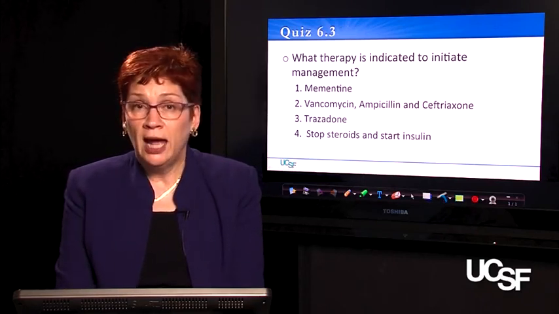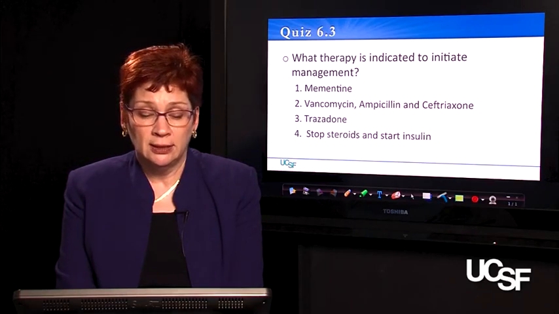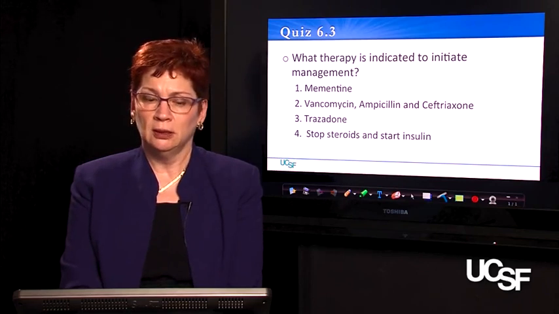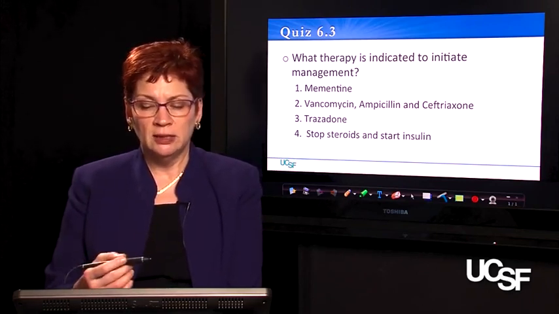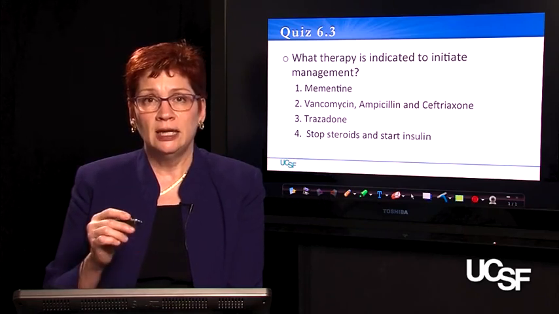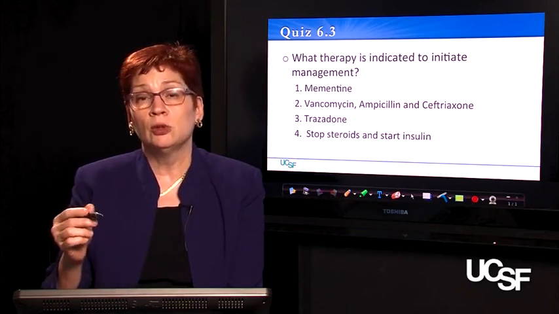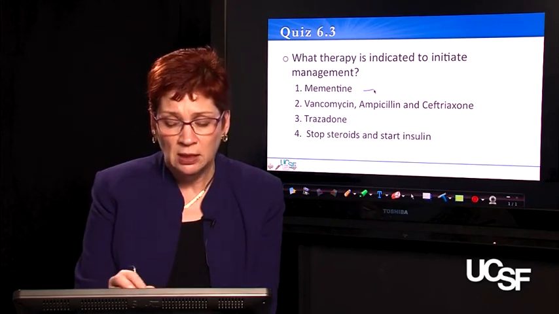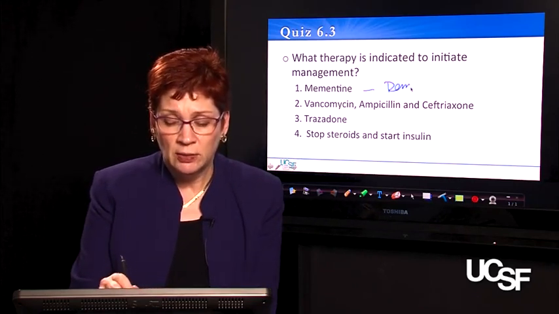One of the questions we could ask with this clinical stem, instead of what's the likely diagnosis, which we thought was delirium, is instead what therapy is indicated to initiate the management for this particular patient. And to answer this question appropriately about therapy, you have to have the right diagnosis, right? So if you chose memantine, you would say, well, I thought the diagnosis was dementia.